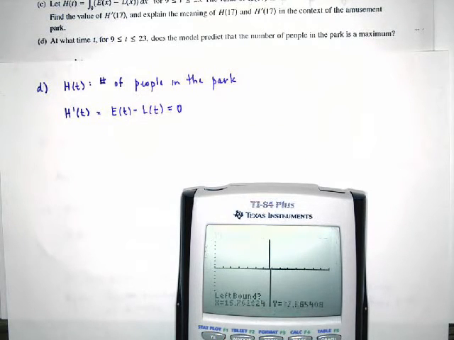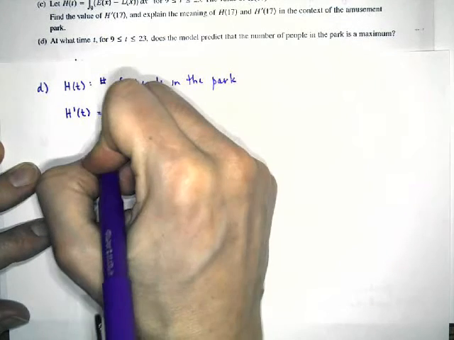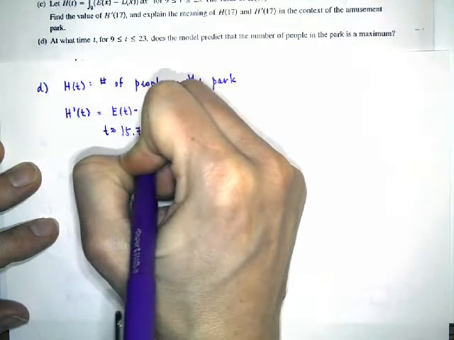Okay, so I've got positive y here at 15.7, so I'm going to use that for my left bound. I'm going to go until I see I have a negative value here, hit enter again, and so here's my time at 15.795. Okay, so I know t is approximately 15.795.